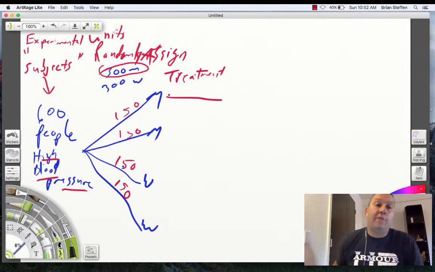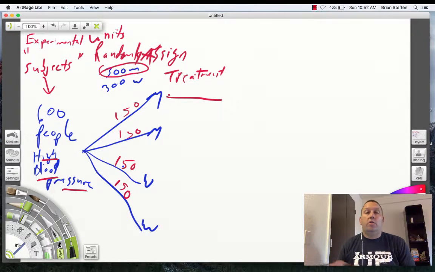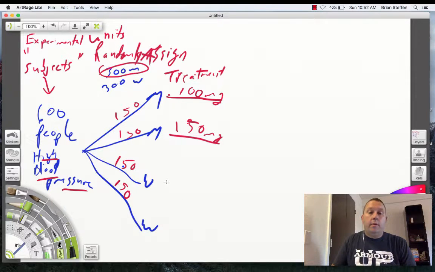Let's say we're doing something on fish or on soil samples. Those are my experimental units. They're randomly assigned, so random assignment, into, in this case, I've got 4 different treatments. This treatment will be, let's say they're getting a 100 milligram pill. This one they're getting a 150 milligram pill. All right. And then here, the women are getting 100 milligram.